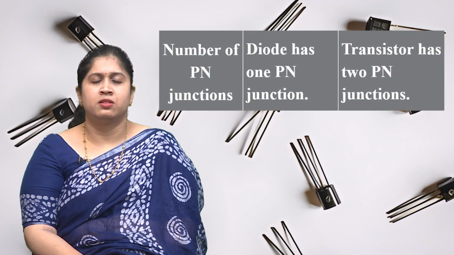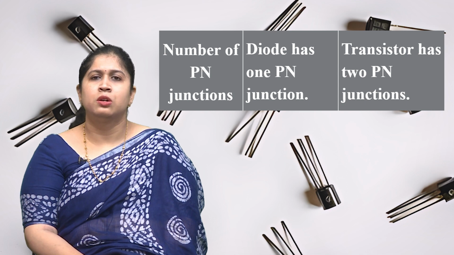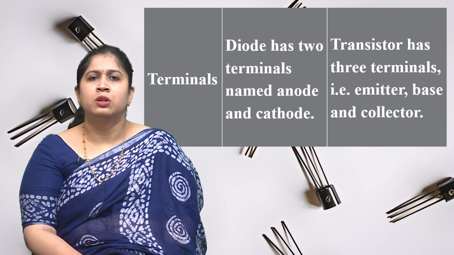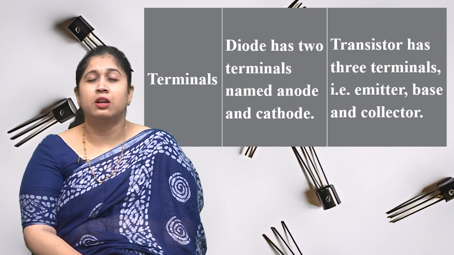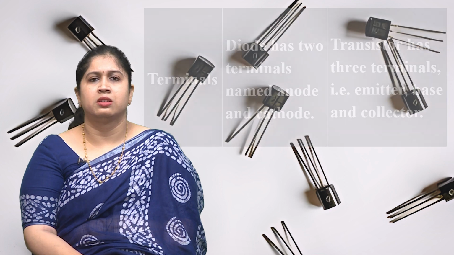Number of p-n junctions: a diode has one p-n junction, a transistor has two p-n junctions. Terminals: a diode has two terminals named anode and cathode. A transistor has three terminals: emitter, base and collector.